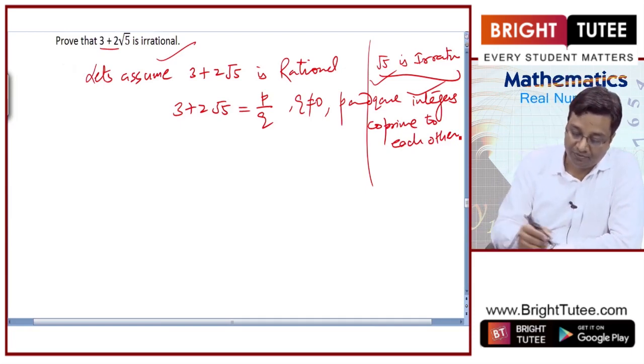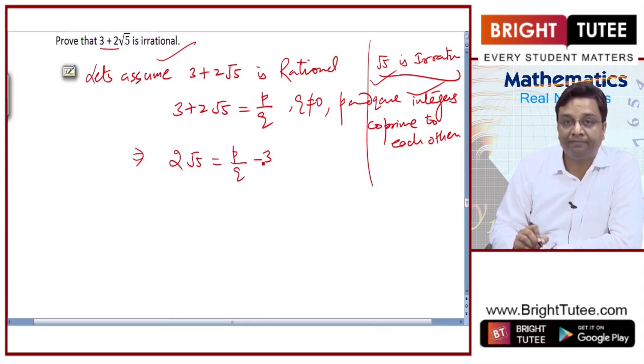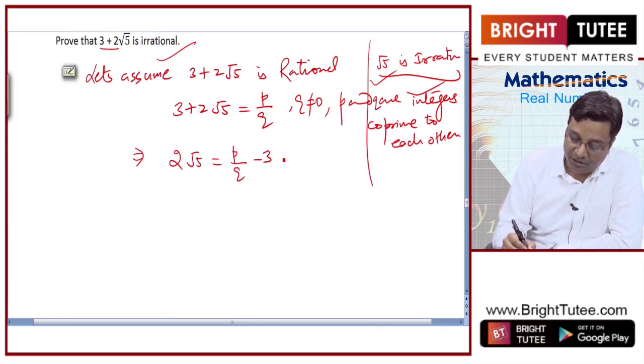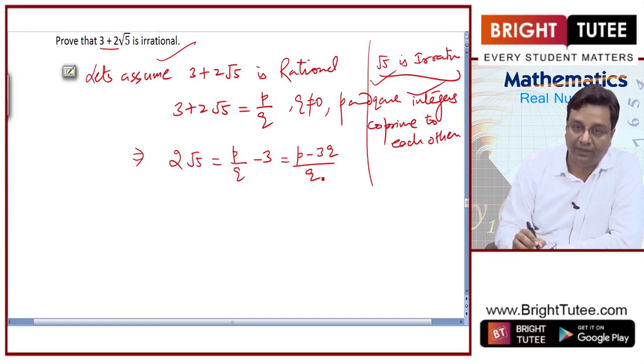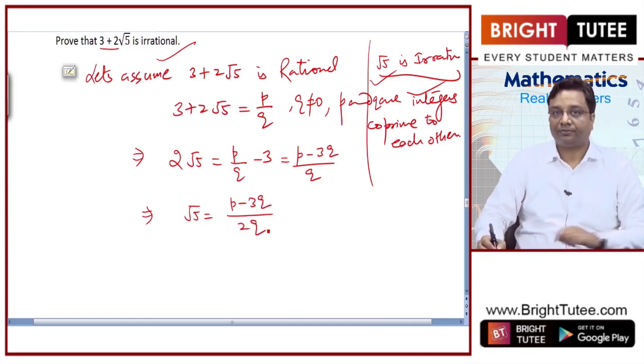So this is our assumption. Now in the next step what we can say is 2 root 5 is equal to p by q minus 3, right? So this is equal to p minus 3q by q, right? And in the next step root 5 is equal to p minus 3q divided by 2q.